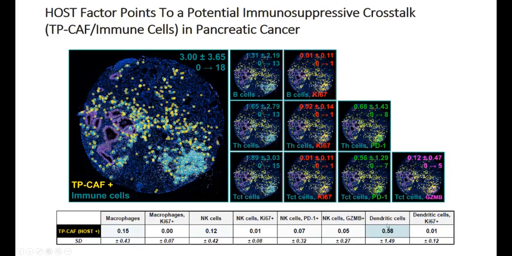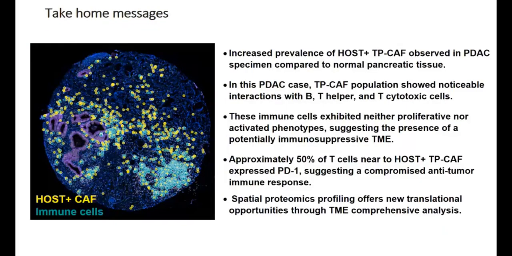By the way, dendritic cells were also close to these cells, but again, when checking their proliferation, it's a very small number. So again, this suggests that these host-positive fibroblasts could be sustaining a tumor-promoting calf, since they are practically surrounded by cells that are immunosuppressed.